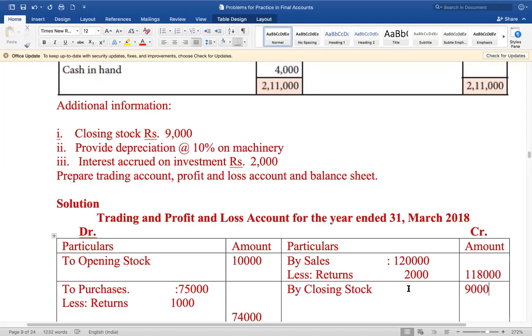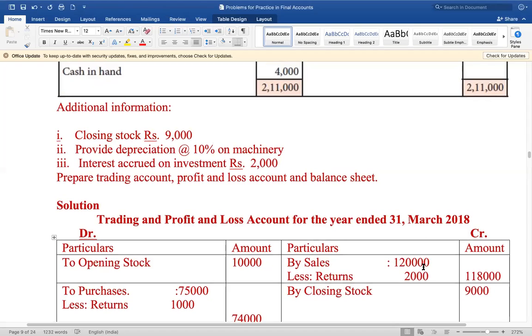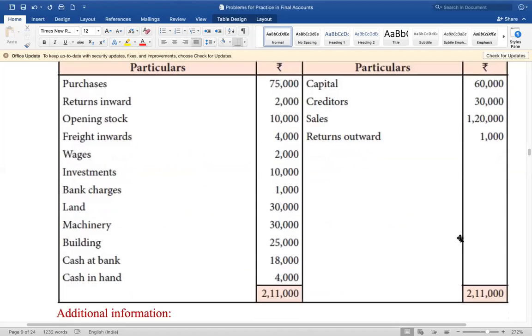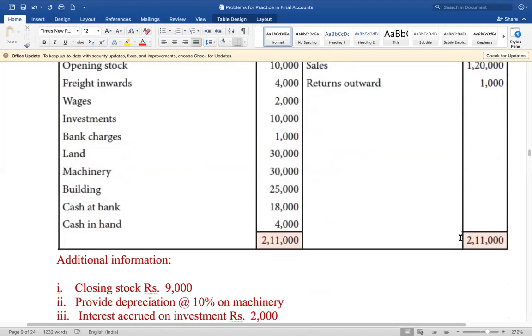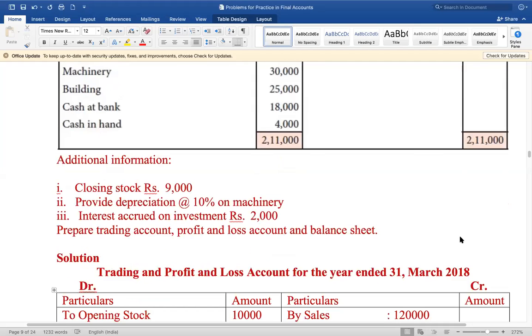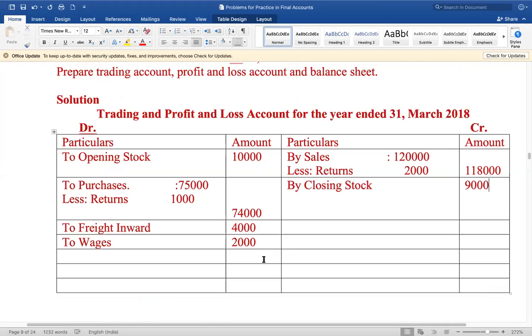Still, scan through if we have missed any item to be taken into the trading account, all the direct expenses or direct items, whether expense or income. For my knowledge, we have taken everything, but still you just scan through. Okay, right, so then we'll close the trading account.